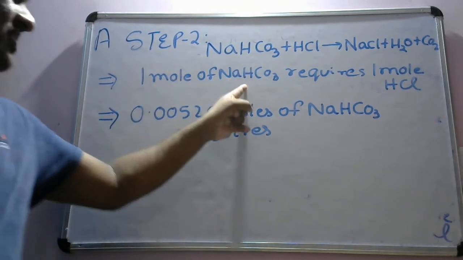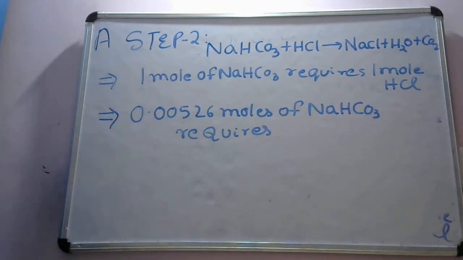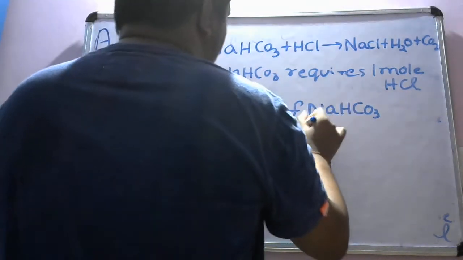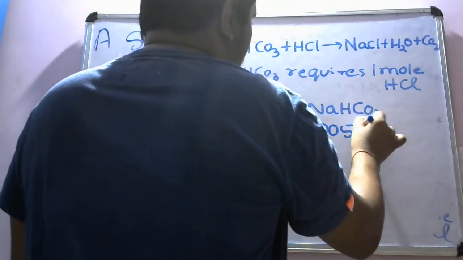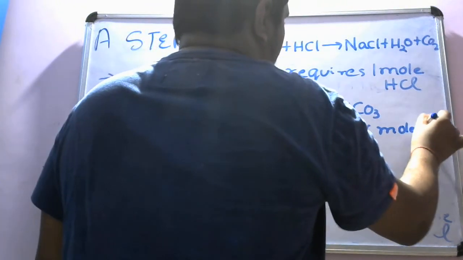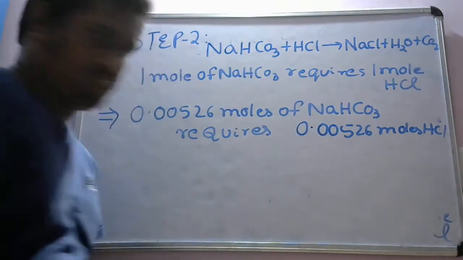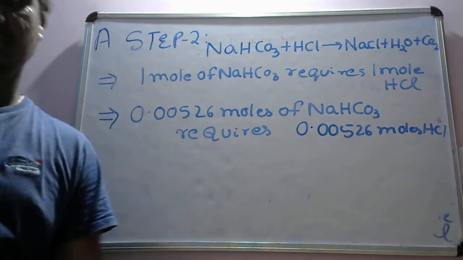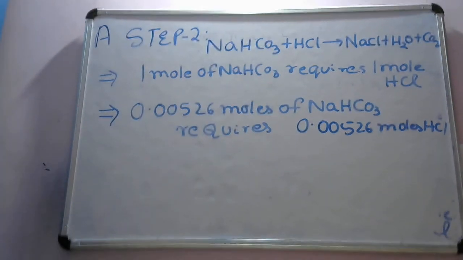If 1 mole of NaHCO3 requires 1 mole of HCl, then 0.00526 moles of NaHCO3 will require the same, 0.00526 moles HCl. 1:1 ratio is there. So this much moles of HCl.